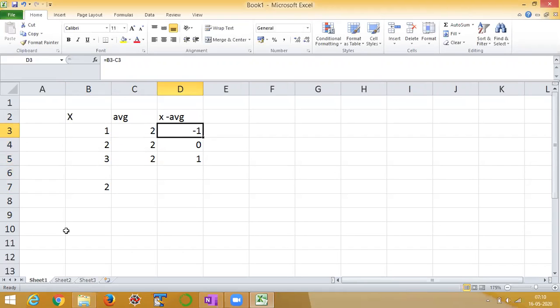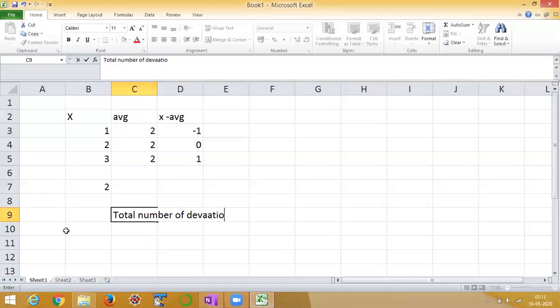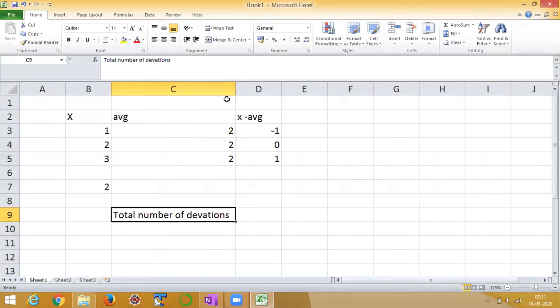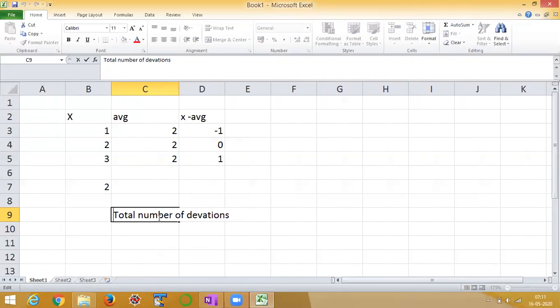But now there are 3 different deviations, so I want to calculate the total deviation.